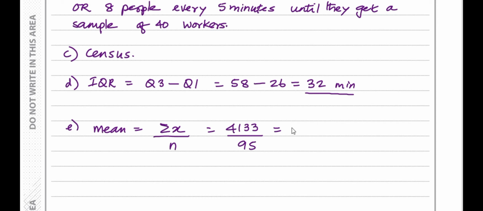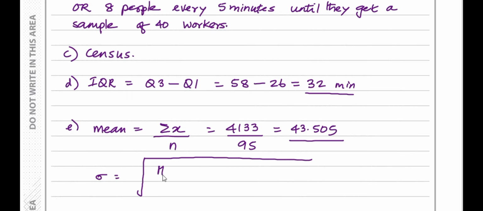So the mean comes to 43.505. Standard deviation is equal to, put a big square root sign, the mean of the squares minus the square of the mean.